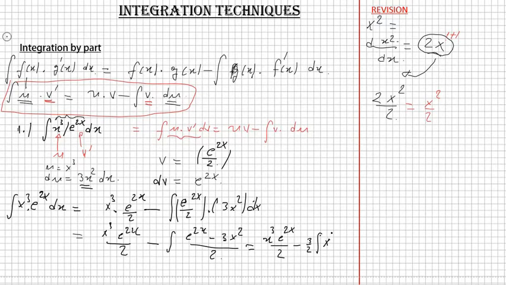And then we have x to the power of 2 multiplied by e to the power of 2x dx. So this is not the final answer, because we still need to integrate this part here, until the integration sign disappears.